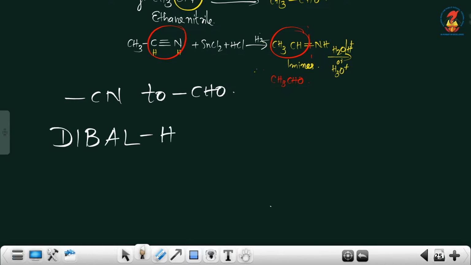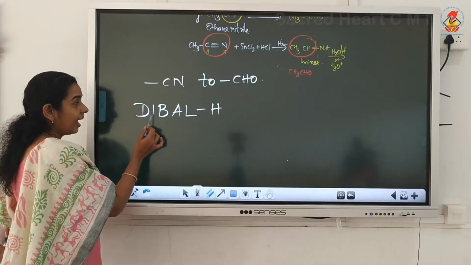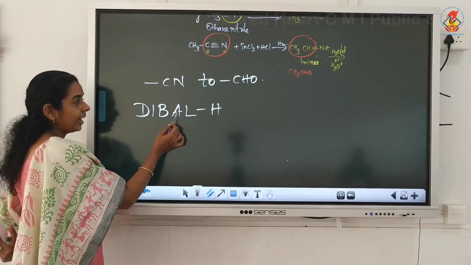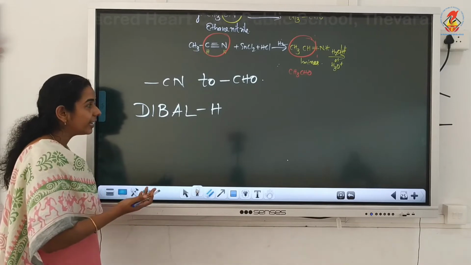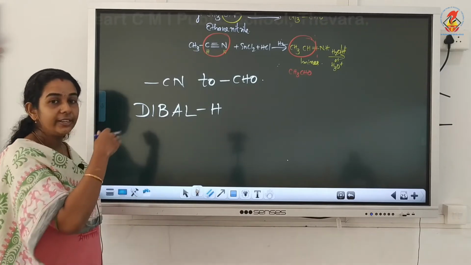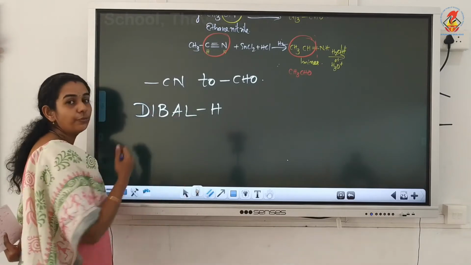See the way of writing dibal-H. Dibal-H means it is diisobutyl aluminium hydride. So there is no need to write diisobutyl aluminium hydride itself. This is the short form we are using.